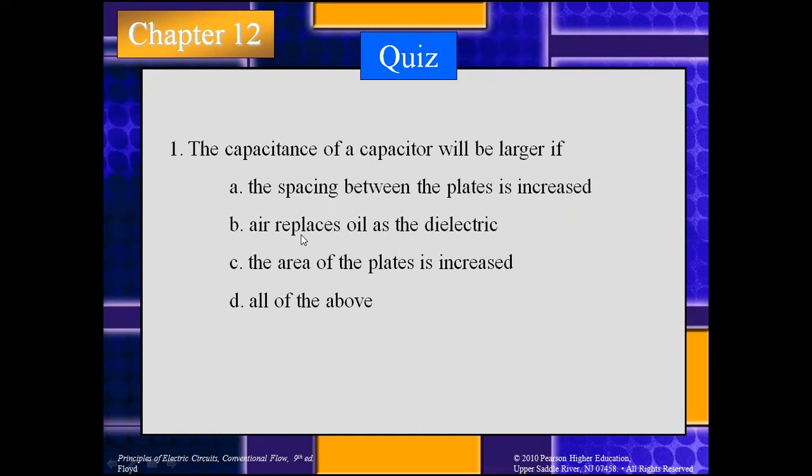So we have the formula for the capacitor, C is equal to epsilon A upon D. By observing this formula, if we increase the area, then the capacitance of the capacitor will increase. So the correct answer is C, that is, the area of the plates is increased.